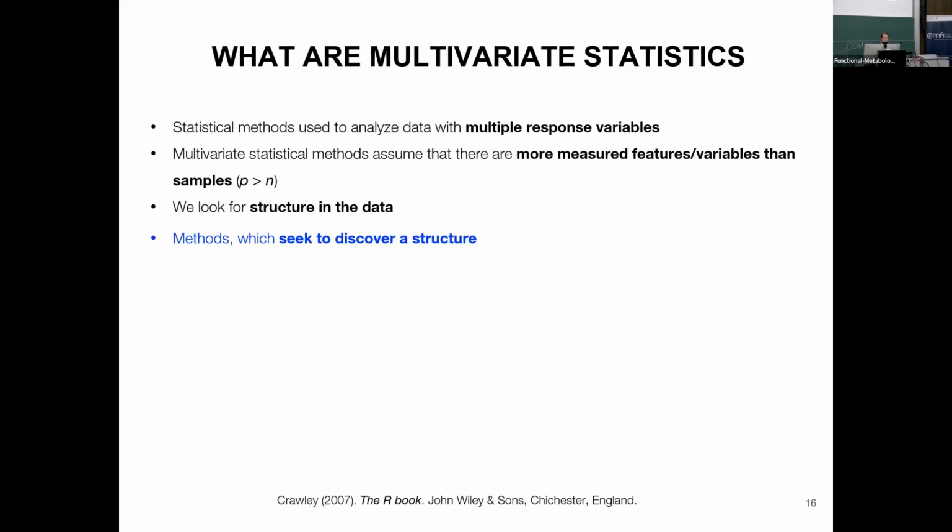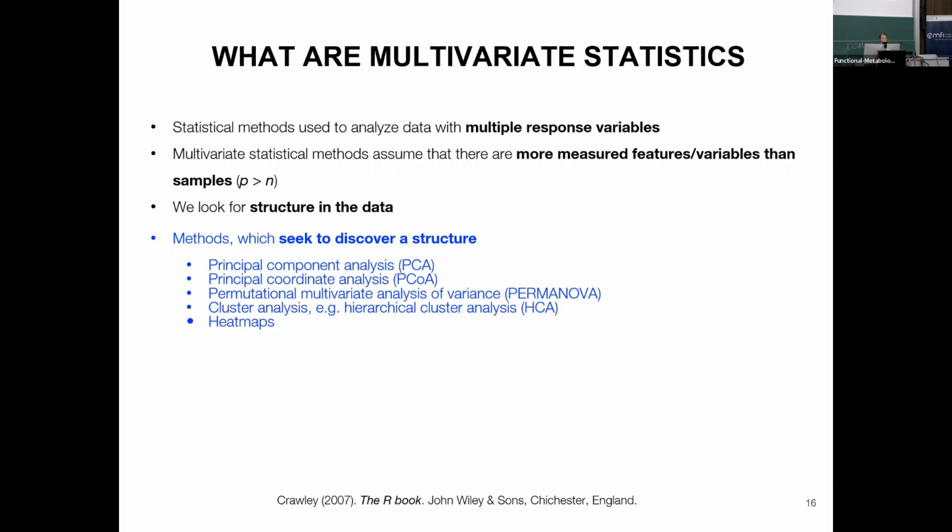We can briefly classify 2 different kinds of multivariate statistical methods. We have methods which seek to discover a structure, the unsupervised methods, such as principal component analysis, principal coordinate analysis, PERMANOVA, or also cluster analysis and heat maps.